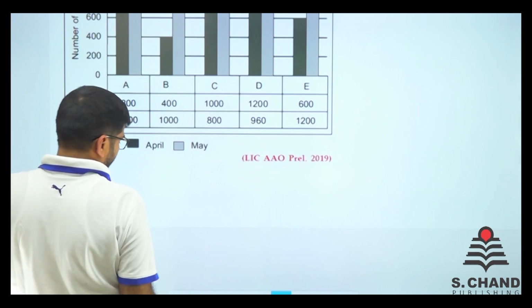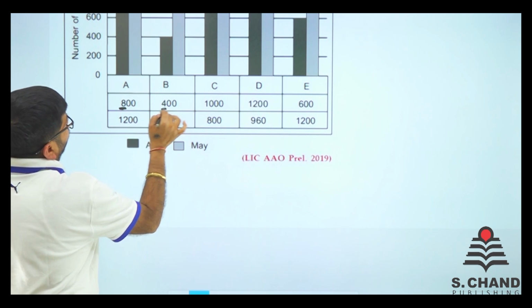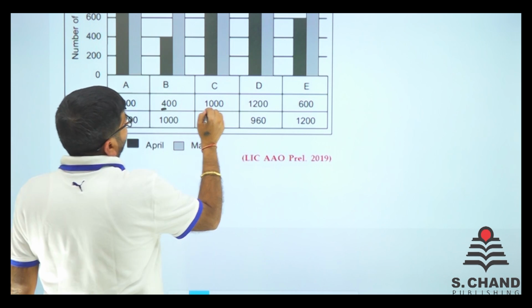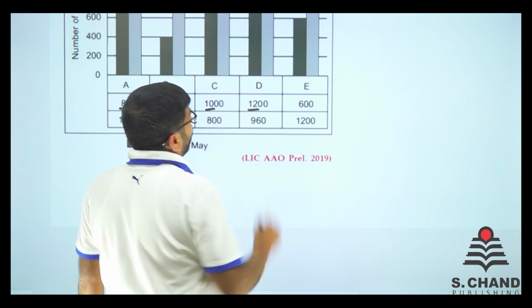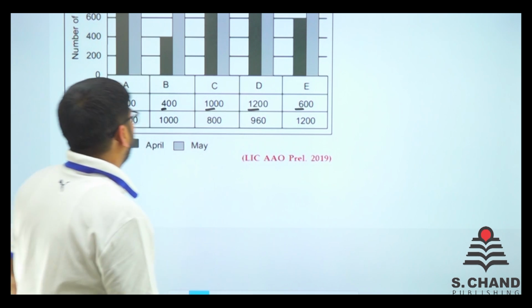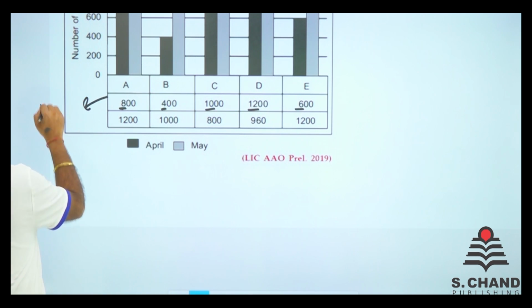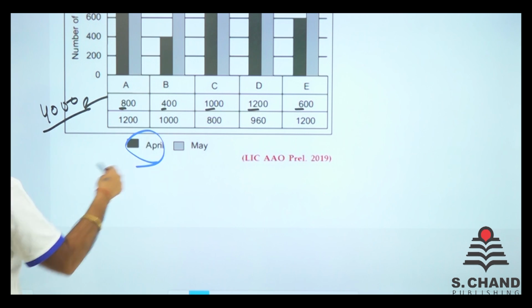Let's calculate this first, right? See, 8 and 4, 12, 12 and 10, 22, 22 and 12 is 34, 34 and 6 is 40. So we write 40 and 2 zeros, that is 4000. That is the total sold in April.